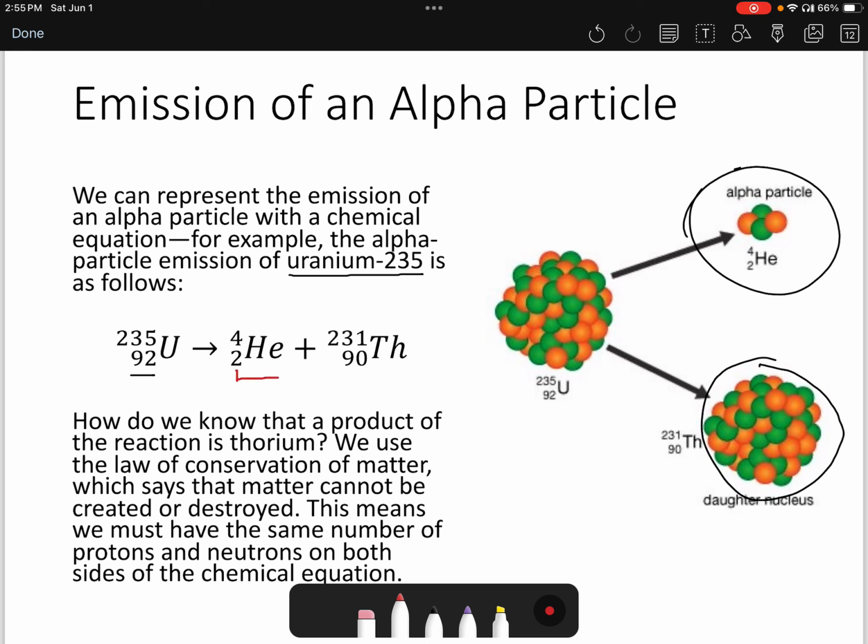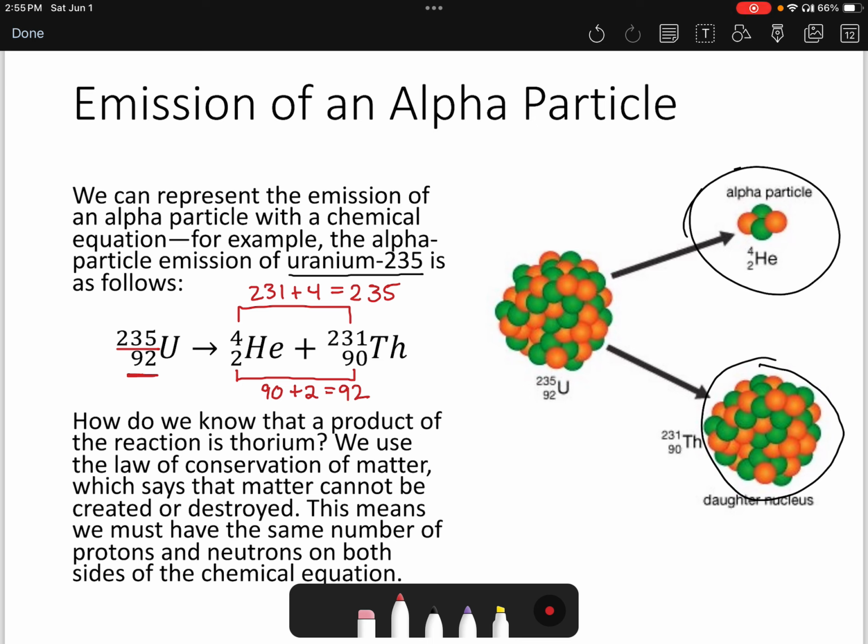So the atomic numbers that are listed, 90 plus 2 adds up to 92, which is what we originally had. And the mass numbers add up. So 231 plus 4 is equal to 235, which is what we originally had for the mass number of uranium.